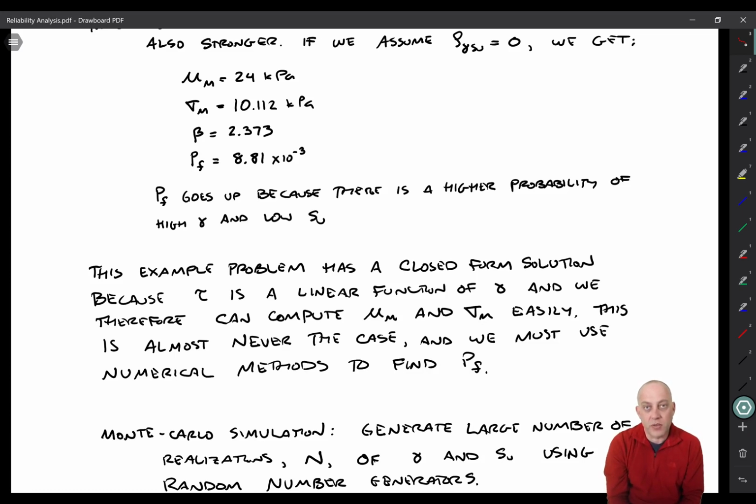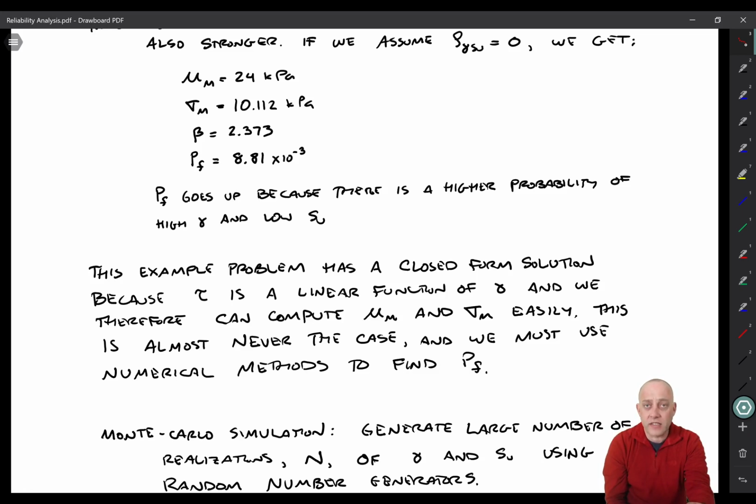Therefore, we could compute them directly. In general, the physics of the problem are more complicated, and it's almost never the case that we can get a closed form reliability solution, a closed form expression for probability of failure. So we have to use numerical methods to find the probability of failure.